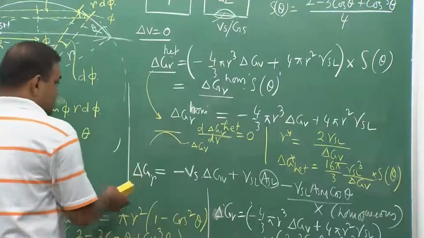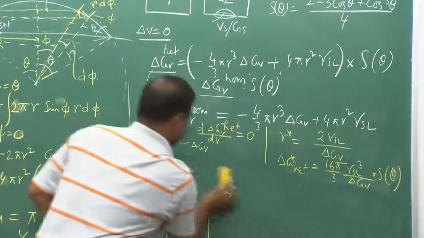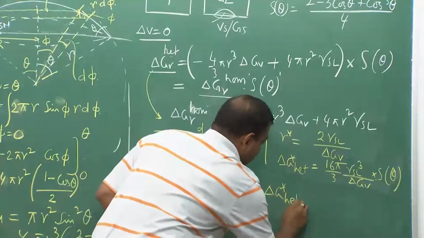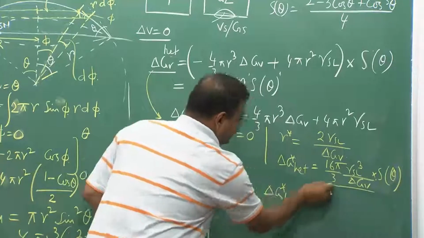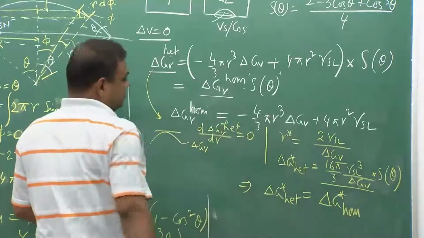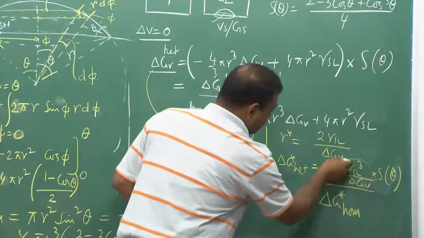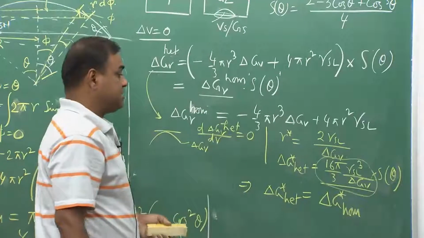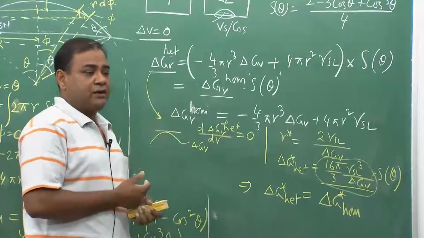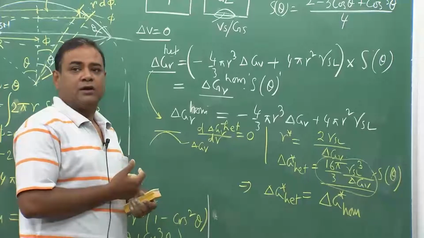So, now if I try to see this delta G star heterogeneous equal to, this is the same as in our last analysis, where we have seen that this becomes my activation barrier for nucleation in the situation where the solid is forming in the bulk liquid and not forming on any surface, rather the only interface that is there is the solid liquid interface.